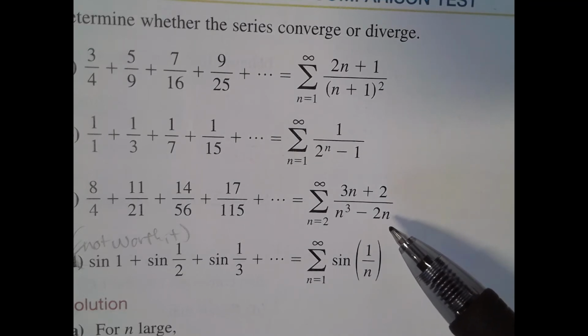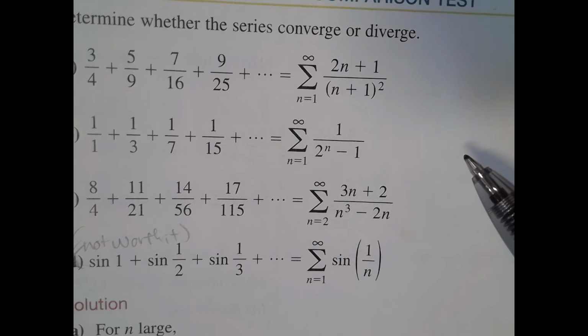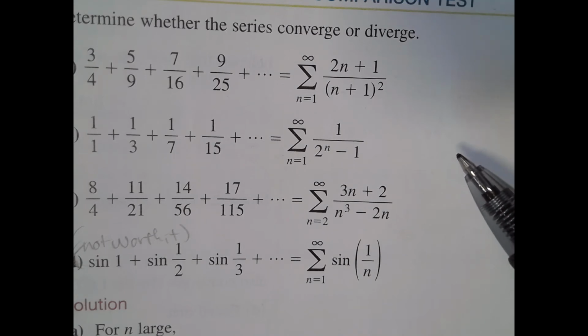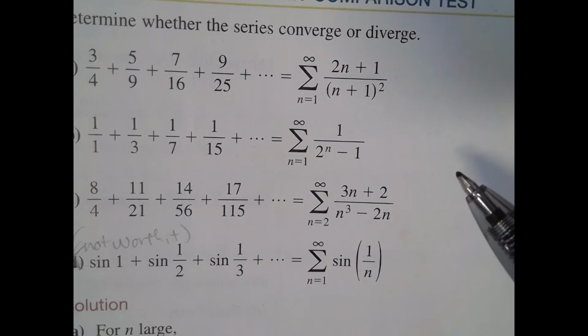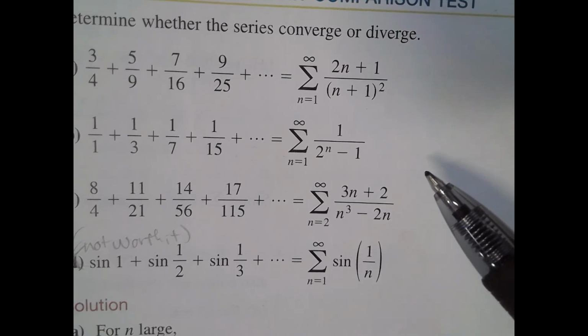The biggest. 3n over n to the third. Good. 3n over n to the third, which simplifies to be what? Yeah, so 3 over n squared, which you could just say is 1 over n squared if we want to get rid of the 3. So I would compare that to 1 over n squared or 3 over n squared.